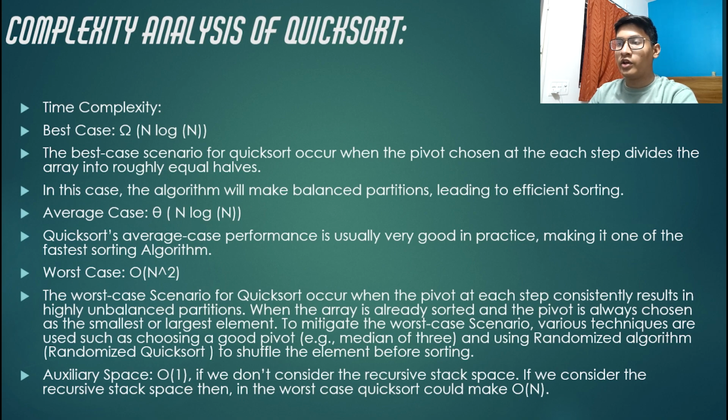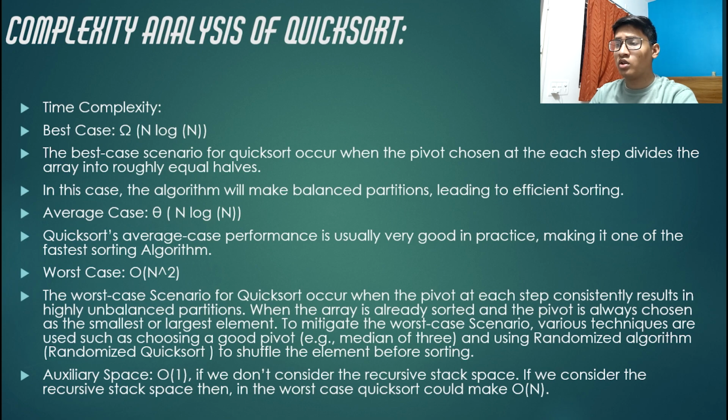Average case is theta of n log n, the same as our best case. Quicksort's average case performance is usually very good in practice, making it one of the fastest sorting algorithms. Now, the worst case is O of n squared.